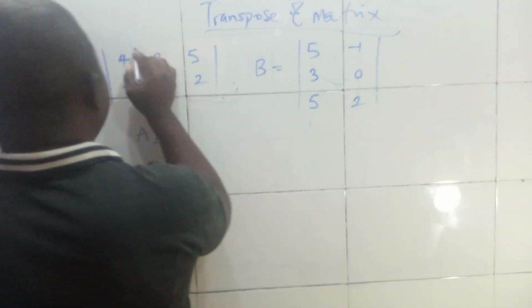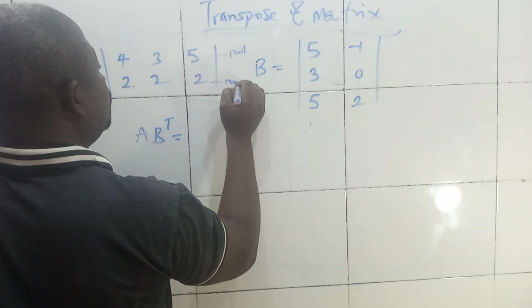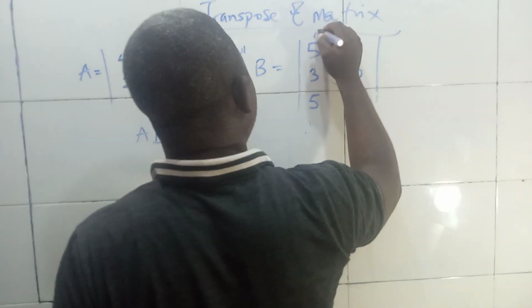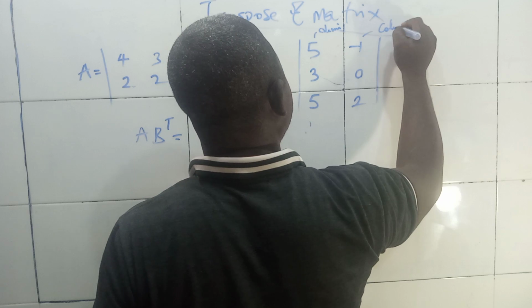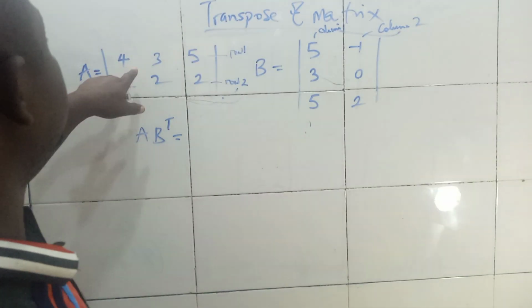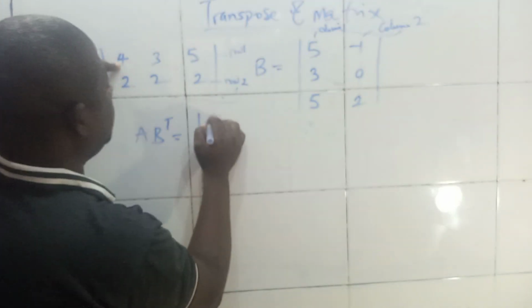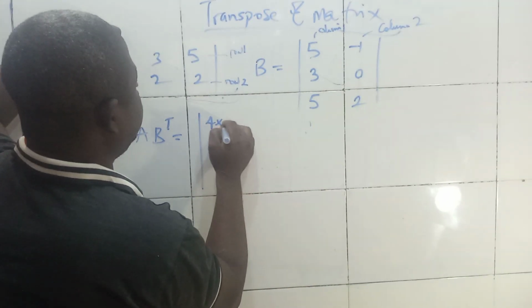So simple. This is row 1. This is row 2. This is column 1. This is column 2. If I start with row 1, then that will be 4 times 5.